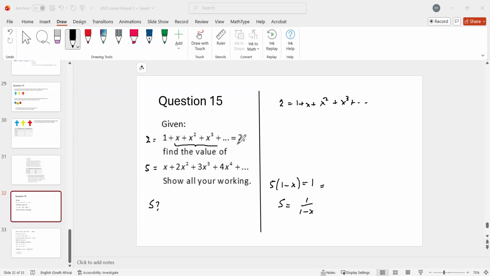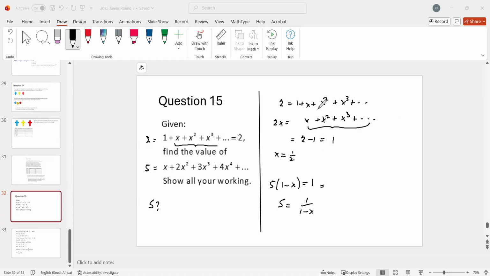I do the same thing that I did to the other one. Multiply on both sides by x. I get 2x. x times 1 is x. x times x squared, x times x is x squared. x times x cubed, x squared is x cubed. And so on. Now you'll see here that this part, as we saw before, is 2 minus 1. It's 1. So you got 2x equals 1. So therefore x is equal to a half.